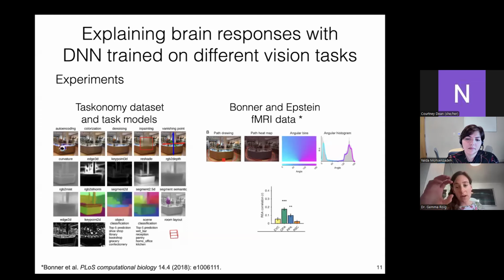They had also localized some particular ROIs. The ABC is the early visual cortex, so PA, PPA, and RSC are scene-related areas in the brain.